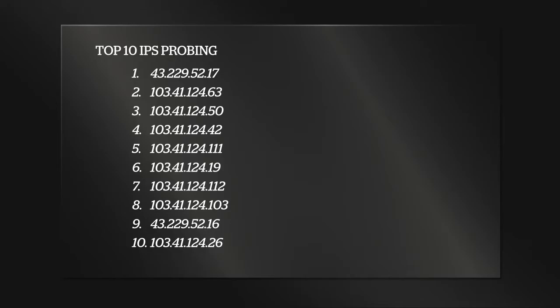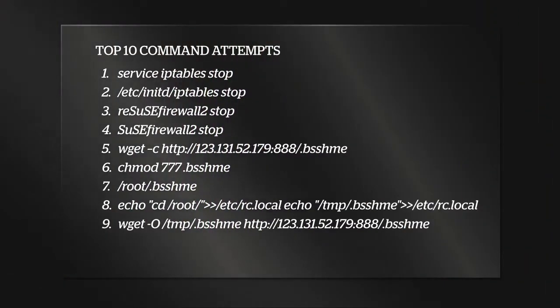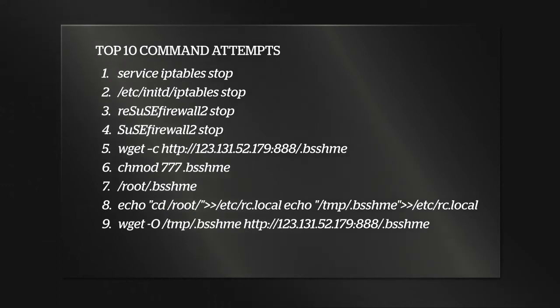And the last thing that I thought was kind of interesting is when the folks actually did successfully log in. Again, on the Kippo honeypot, the default password is 123456, and if they get in, then we log what it is that they try to do. So these are the top 10 commands that they tried to execute if they actually got in.